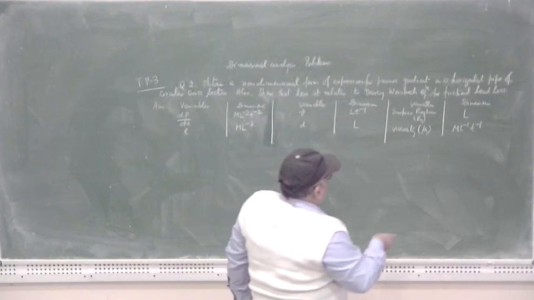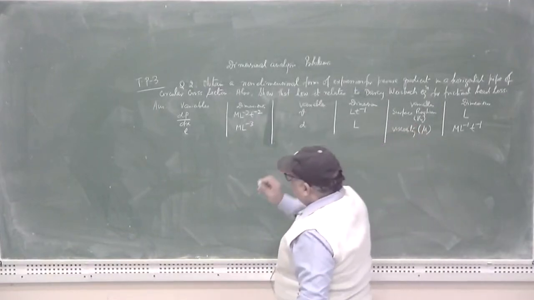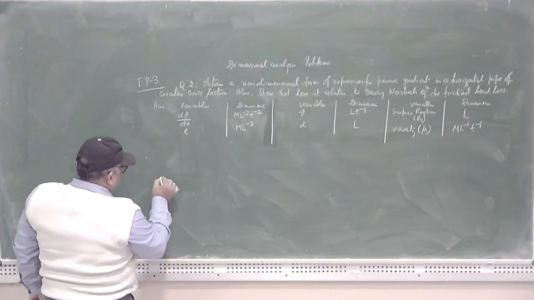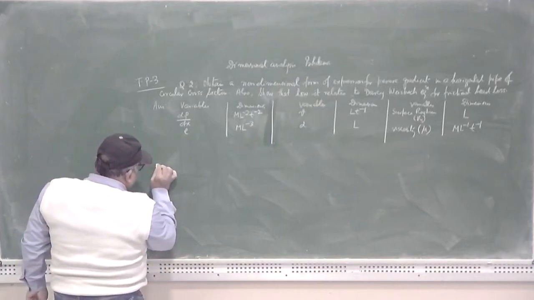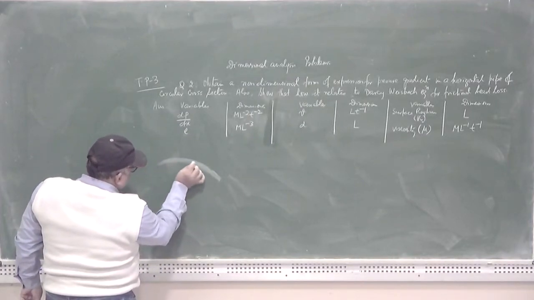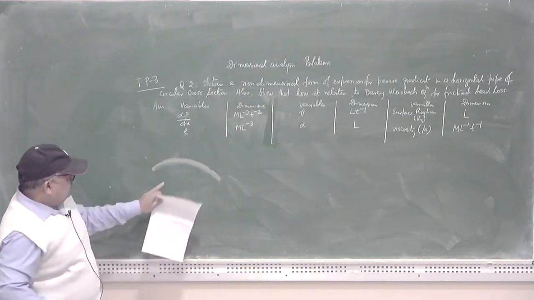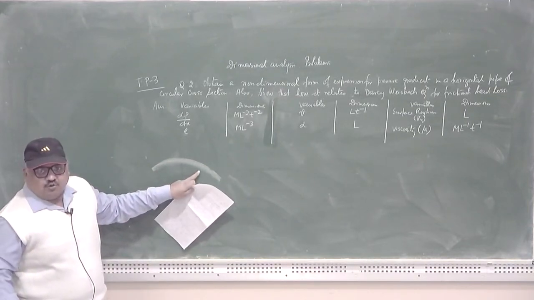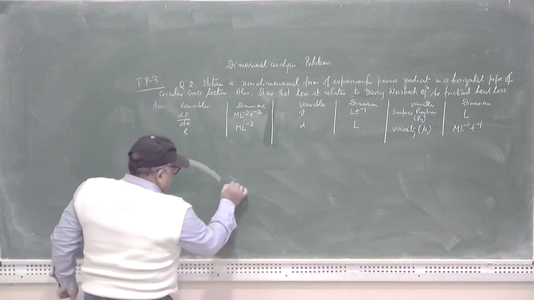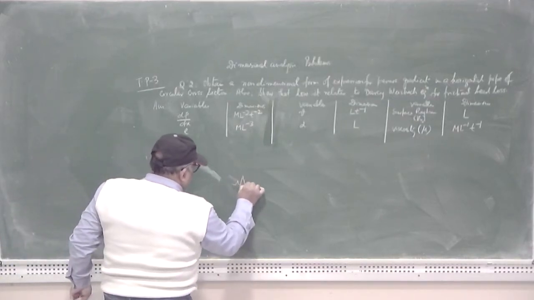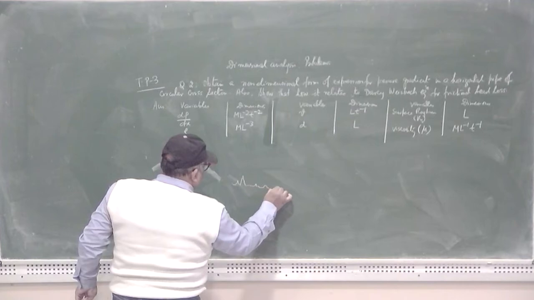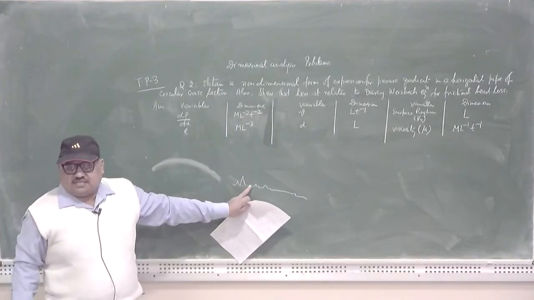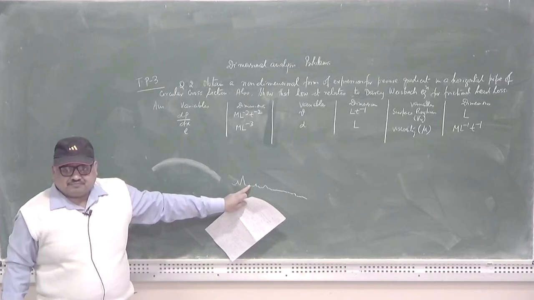If you examine any surface microscopically, suppose this is the circular surface, this looks flat, but once you examine it in a microscope, you will find that there are so many protuberances or undulations of different height on the surface. This gives rise to the creation of surface roughness.